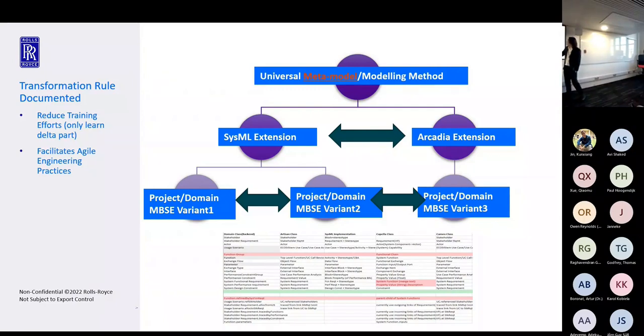Once we move them, the learning curve previously was an issue, but gradually we show them the mapping rules so they can easily understand, okay, in order to create a stakeholder in SysML, I now may move to the Arcadia-based one. That's the concept I need to create there. So it makes them more comfortable to adopt agile management or agile engineering.